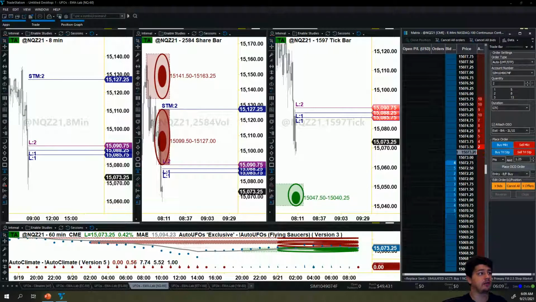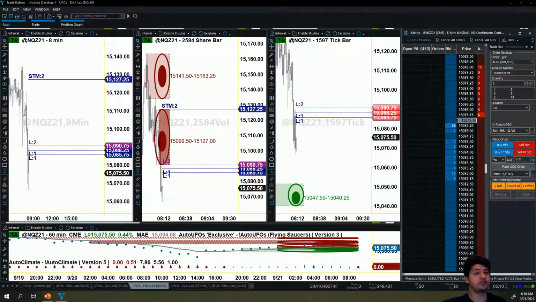Actually, we could take it with 2 micro contracts. Obviously, it's going to be much lower risk, much lower reward, but what the heck, just for fun, why not, right? It meets the criteria.